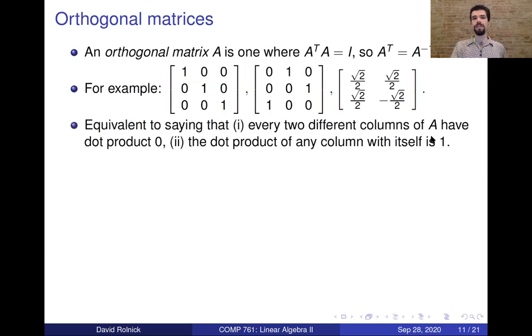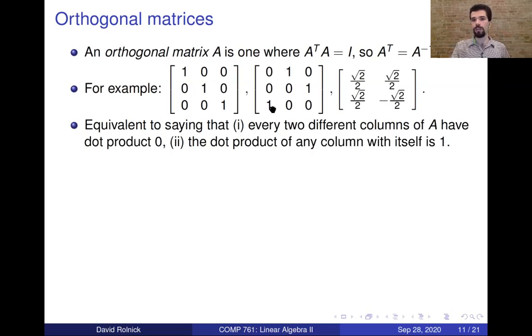What does it mean to be an orthogonal matrix? Well, if something multiplied by its transpose is equal to the identity, then to get this multiplied by its transpose, you take the first column and you dot it with the first row of the transpose, which is the first column.